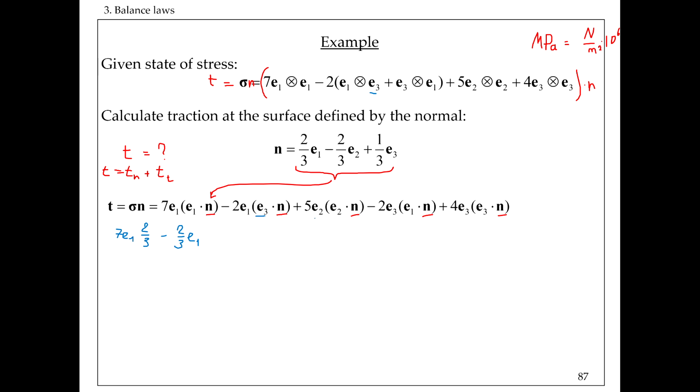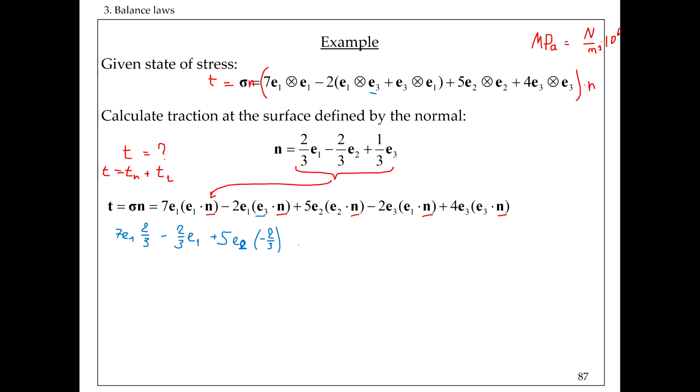Then there is e2 multiplied with n. The only thing that will remain is this plus 5 e2, e2 multiplied by n, so that will be minus 2/3 of that.